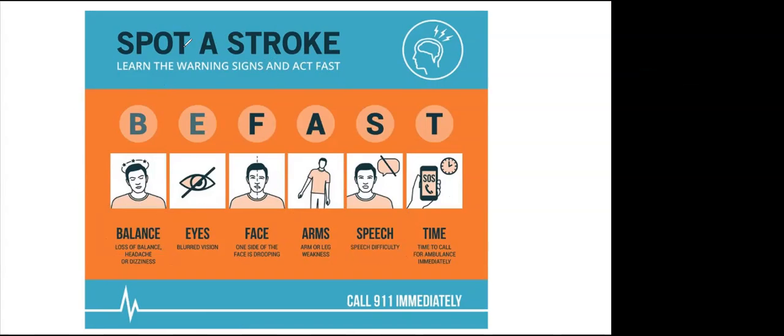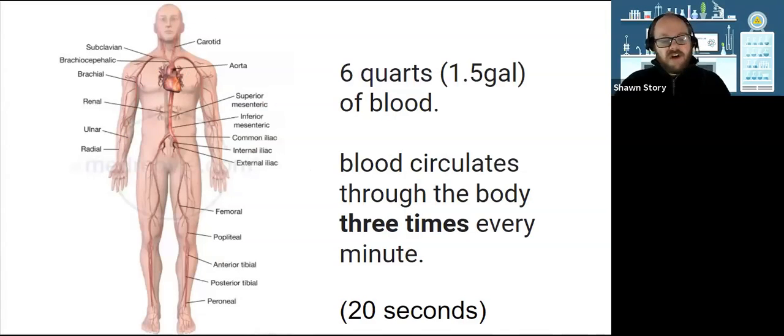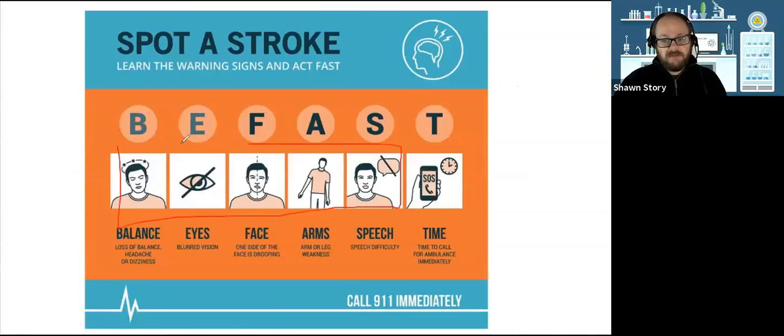So does it matter which side these things happen to the face or whatever? Yes and no. So that tells you what part of the brain is being affected, right? Because our brain, and that's what we'll be moving on to next, is the brain itself. And so different parts of the brain do different things. For example, your vision is going to be the back part of your brain.